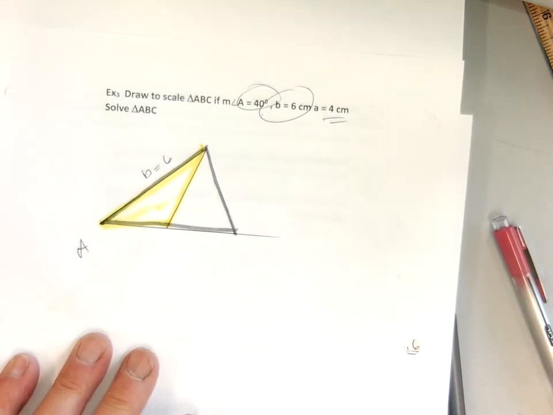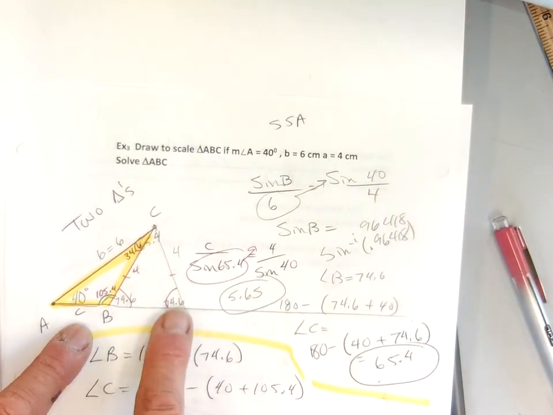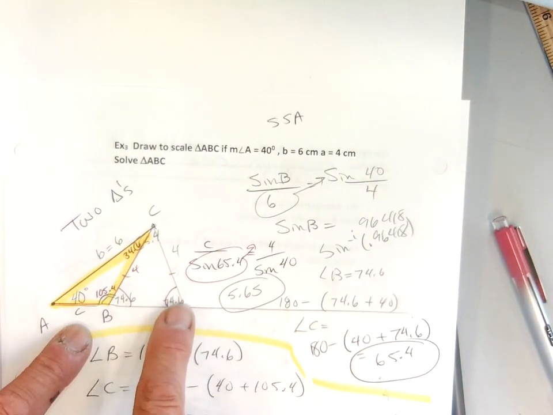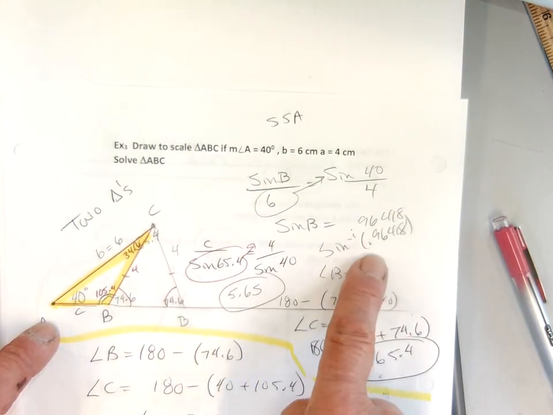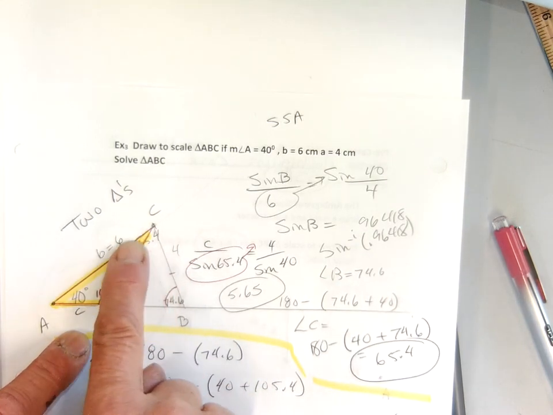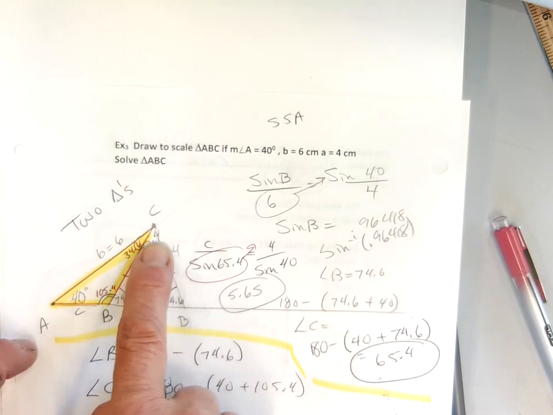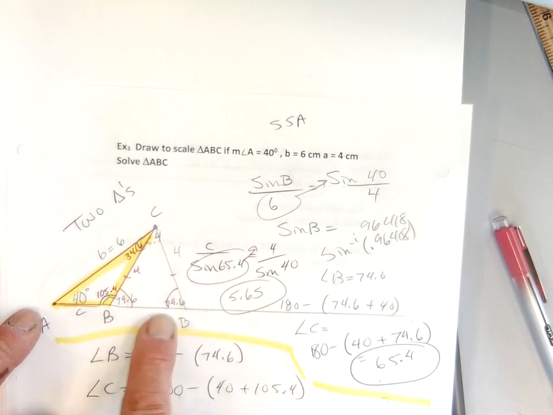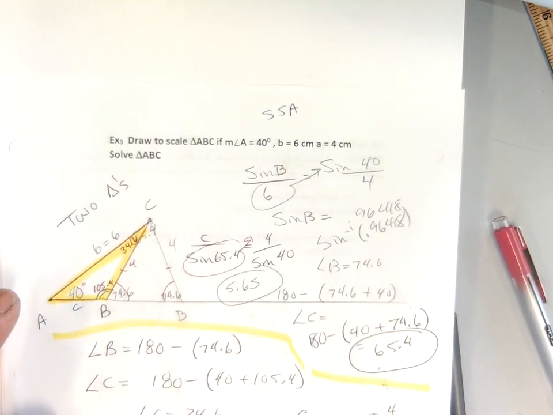So I solve for the big triangle first, ignoring the little one. Again, I use the law of sines. Sine of B over 6 equals sine of 40 over 4. I got angle B. Then I got angle C from 180 degrees, and angle C was about 65.4. I got side C, which is all of this, again by the law of sines.